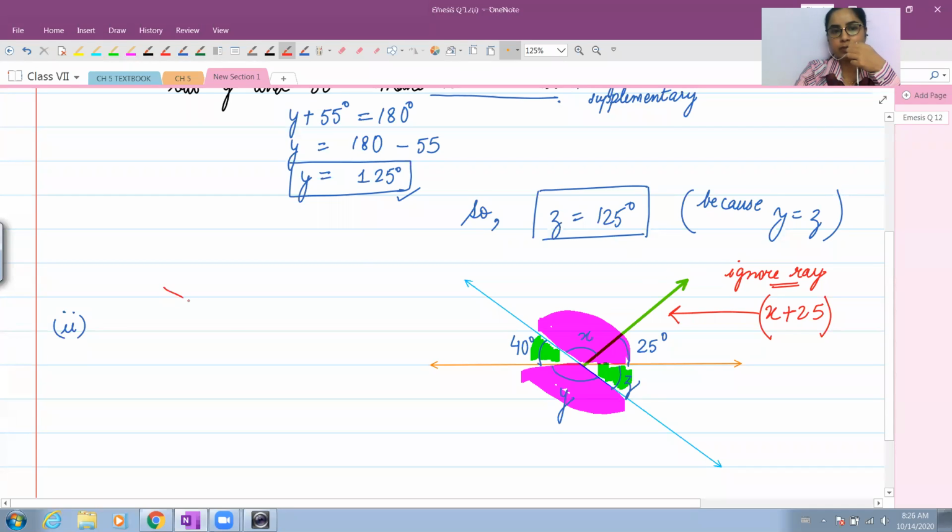So if I have to draw it separately, इस तरह से फिगर है आपका. देखो यहाँ पे एंगल आपका 40 डिग्रीज और यहाँ पे एंगल है Z. ये इक्वल होंगे आपस में.